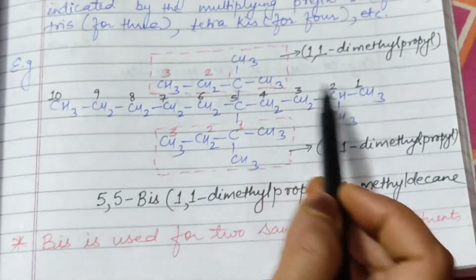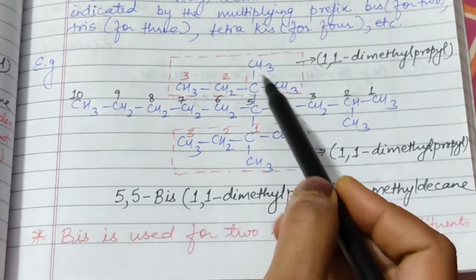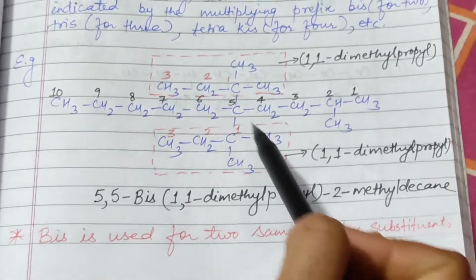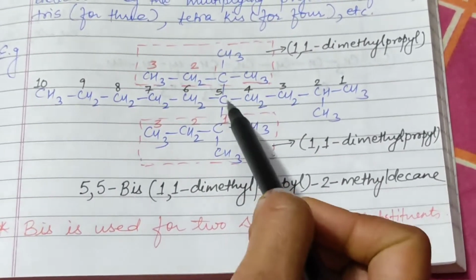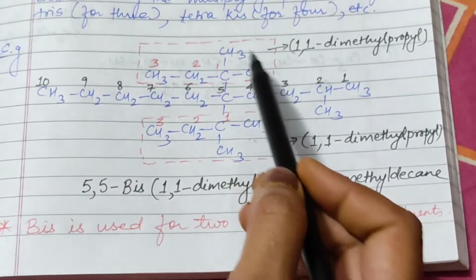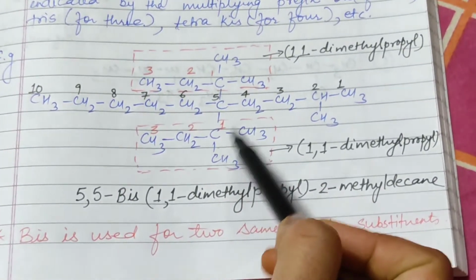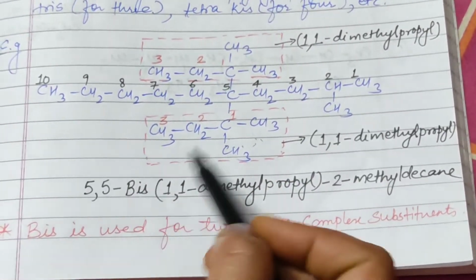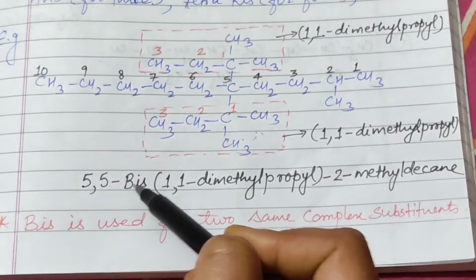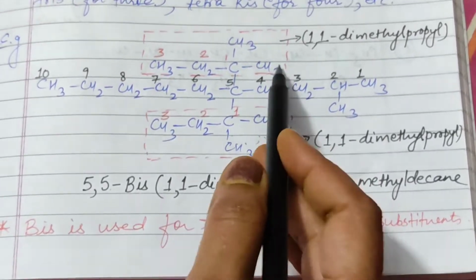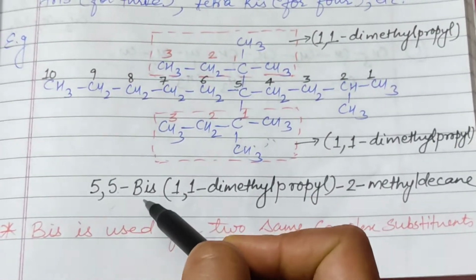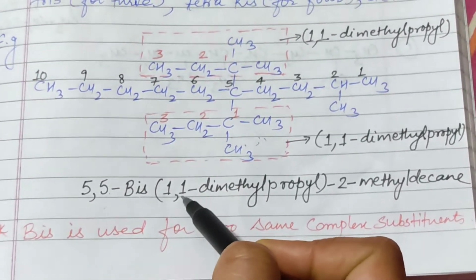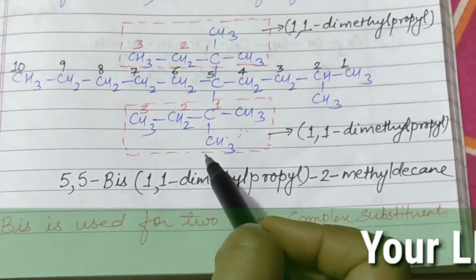You could see 10 carbon atoms are there in the main chain. Okay, but 2 complex substituents are similarly present at the same position also in the main chain. At 5th position, both the complex substituents are attached having the same name and formula. So here we will write its name like this: 5,5-bis. Why bis? Because 2 times it has been repeated. That's why we will add prefix bis (1,1-dimethyl). Why 1,1?